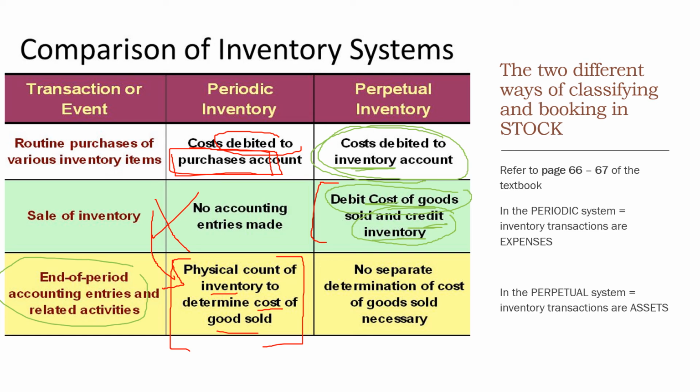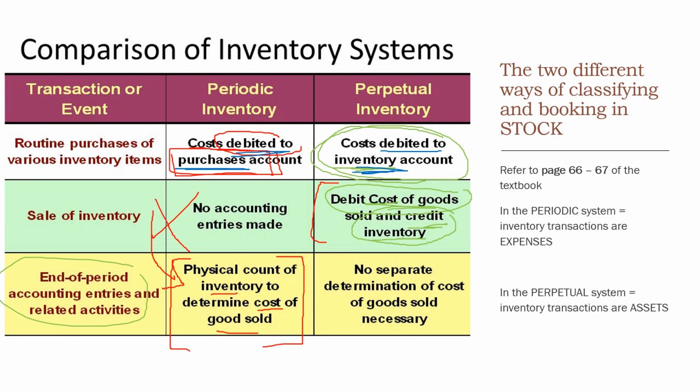So again, referring you to pages 66 and 67 of your textbook, in the periodic system, the system that I've now introduced to you, both times we debit if we are buying something. Just take note of the classification. Purchases is an expense account. Inventory is an asset. Okay, so in the perpetual system, I typically work with buying assets, selling assets.